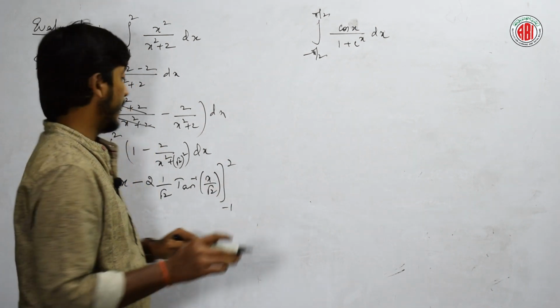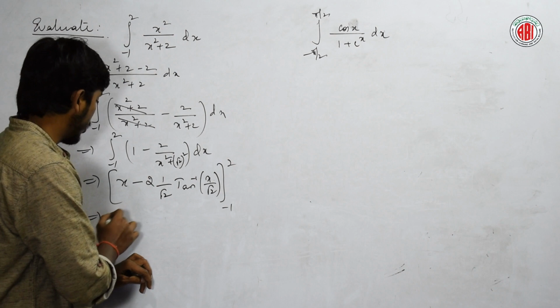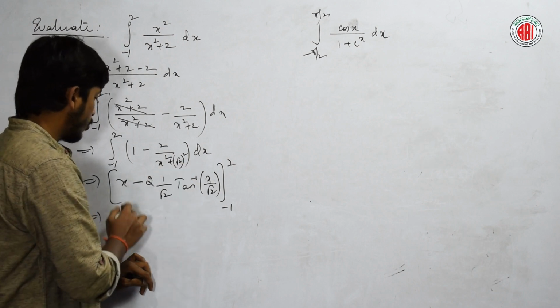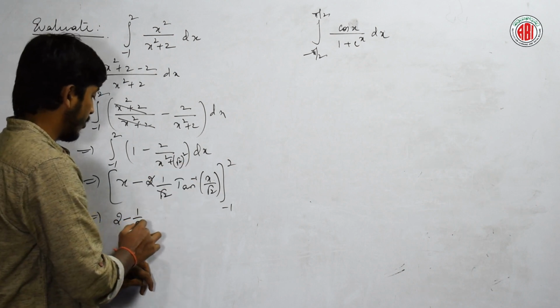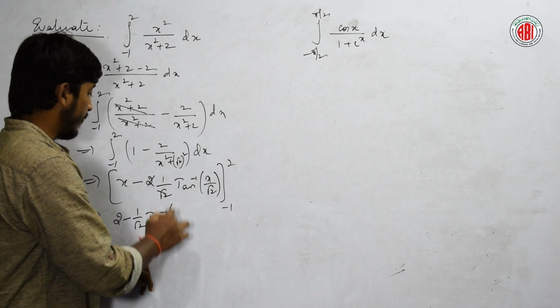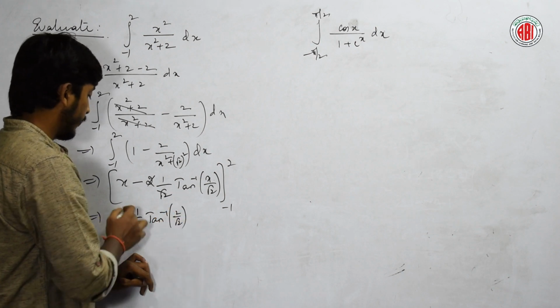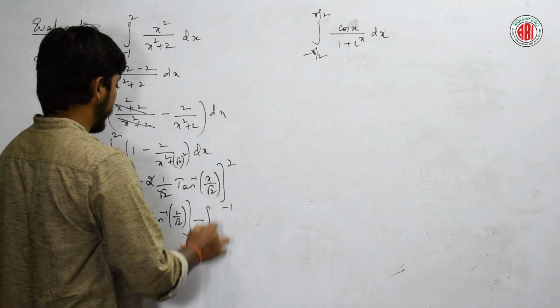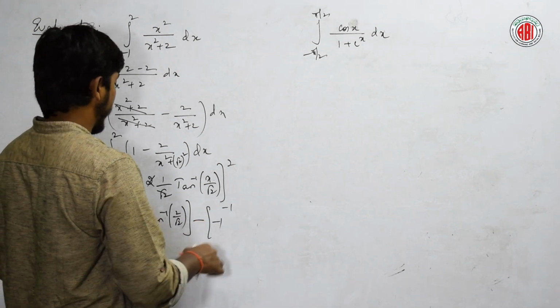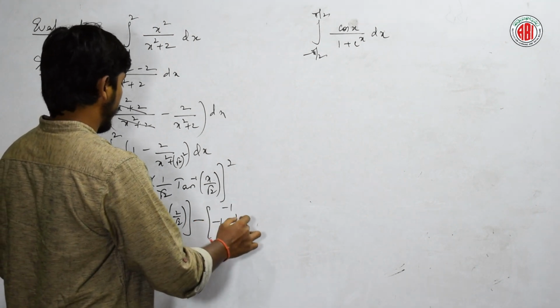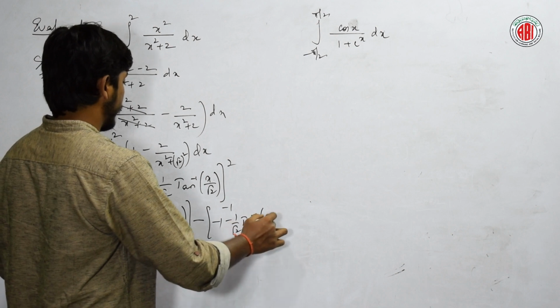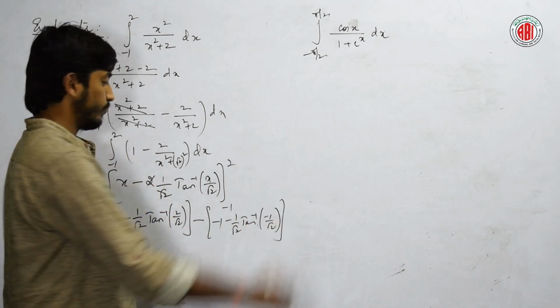Done. Clear? So let me substitute 2 first. 2 minus, here this will be 1 by root 2 tan inverse 2 by root 2. Clear? Minus, now let us substitute minus 1: minus 1 minus 1 by root 2 tan inverse of minus 1 by root 2.